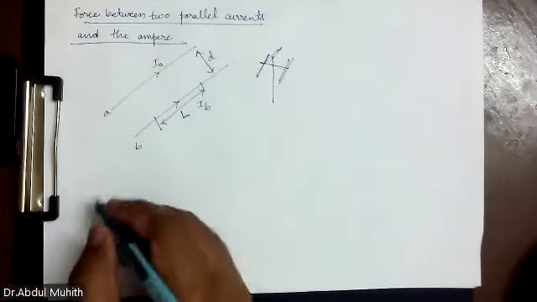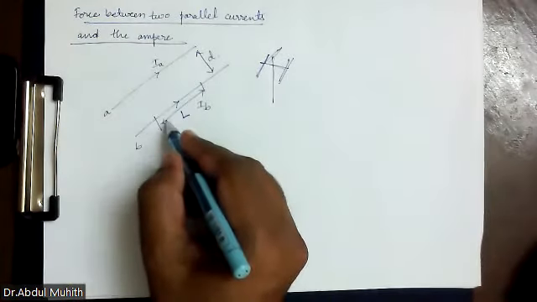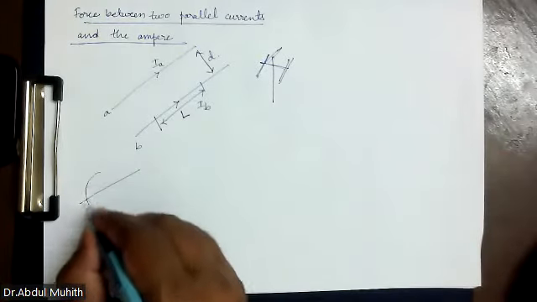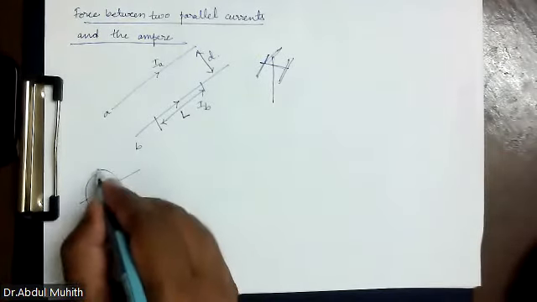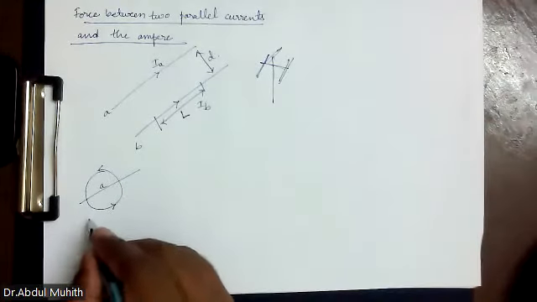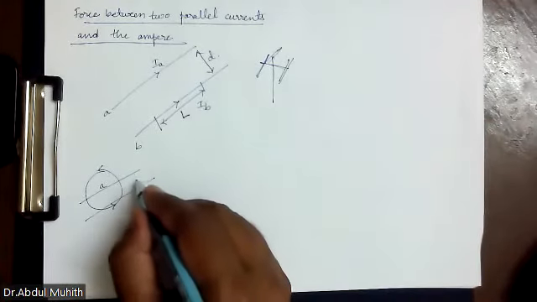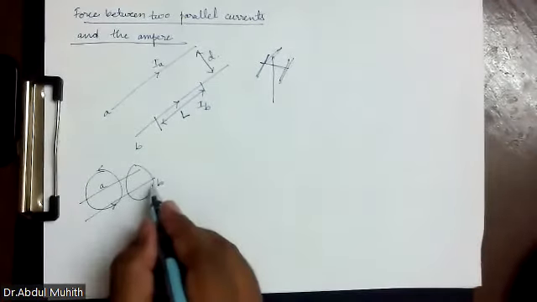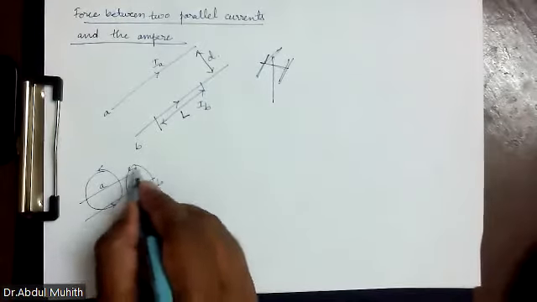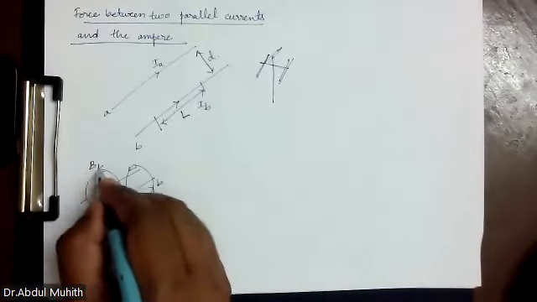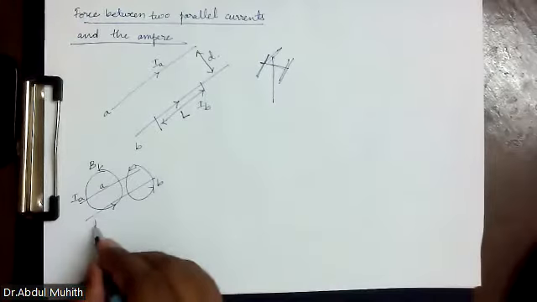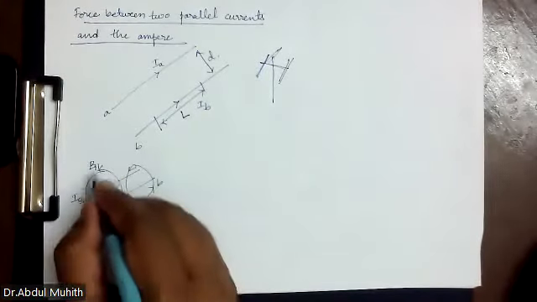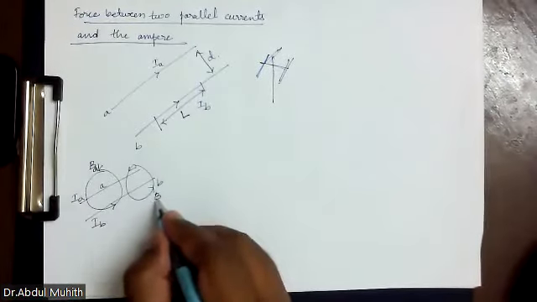See, when the current is moving in the first and second wire, there is a magnetic field around it. Here, there is a magnetic field around the first wire, in this way. Similarly, the second wire also has a magnetic field, that's B. Suppose this is IA, this is IB, this is B, the magnetic field of the first wire and the magnetic field of the second wire.